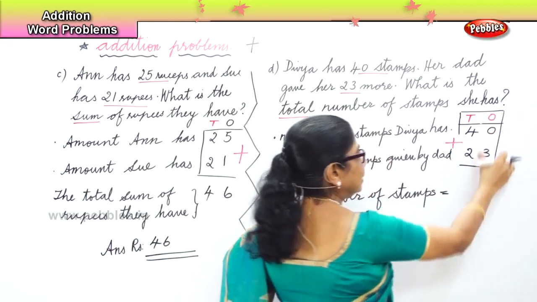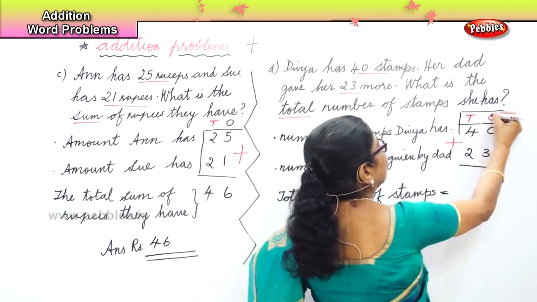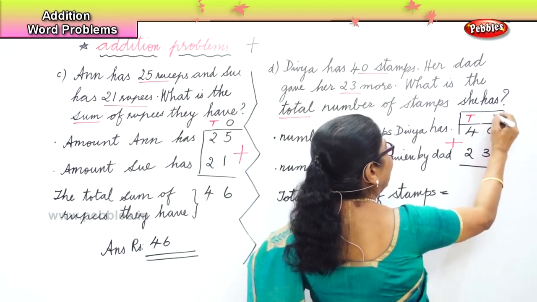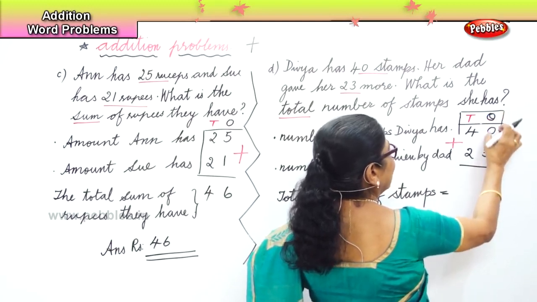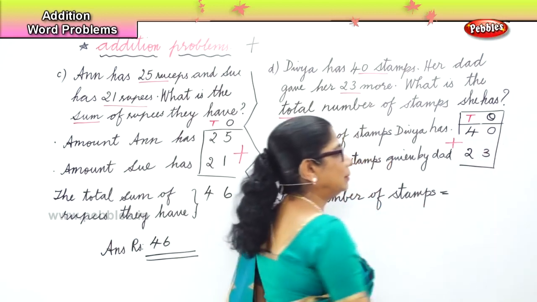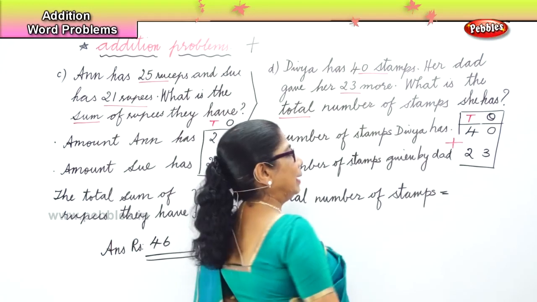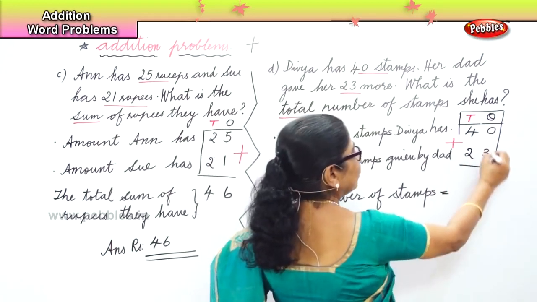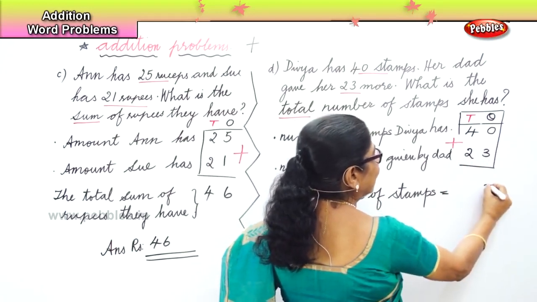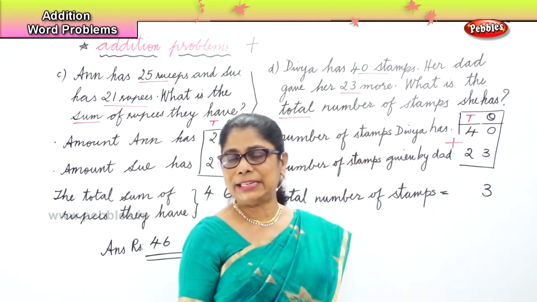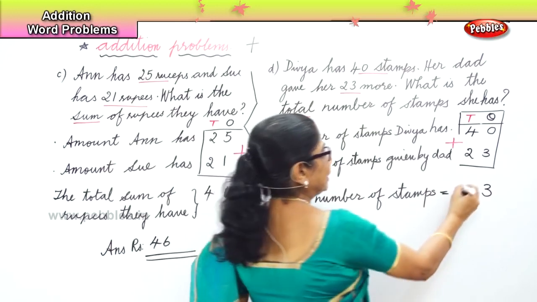Now, first in the ones place, look at the ones and then you add only the ones. 0 plus 3. 0 ones and 3 ones. Any number plus 0 is the same number, 3. 4 tens and 2 tens. 4 plus 2, 6 tens.